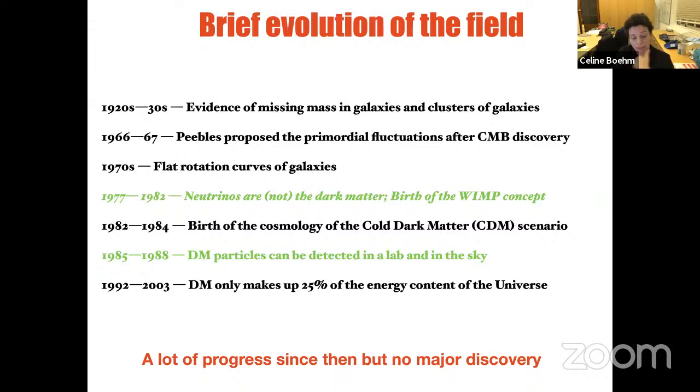Then the major step, which we will see later, was in 1985, when people started to think about techniques, mid-1980s, to detect those particles, direct techniques and indirect techniques. And then, as I said, the CMB was measured. And I think the last row was after 2001, when it was really clear that whatever it is, it needs to be there from the early universe to nowadays.